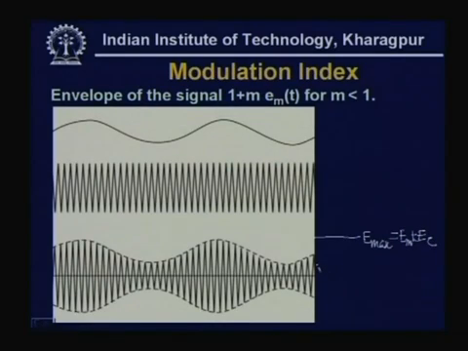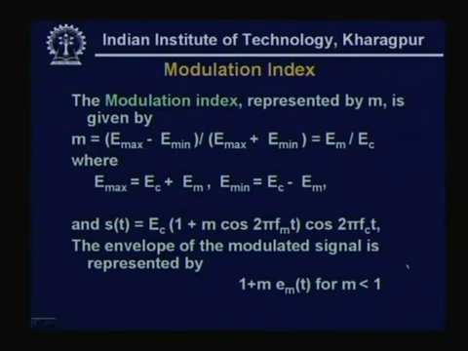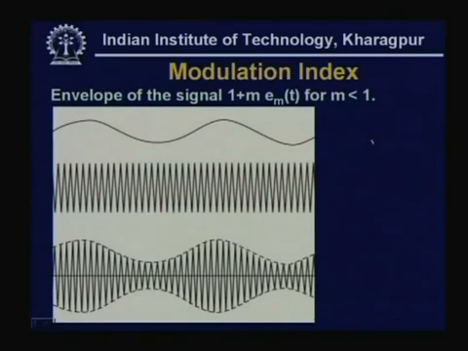On the other hand, this minimum amplitude will be equal to E_min, which is equal to E_c minus E_m. Then the modulation index M, given by (E_max minus E_min) by (E_max plus E_min), is equal to E_m by E_c. That means in this case M is equal to E_m by E_c, where E_m is the maximum amplitude of the modulating signal, and E_c is the maximum amplitude of the carrier.